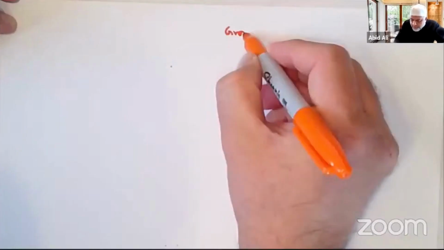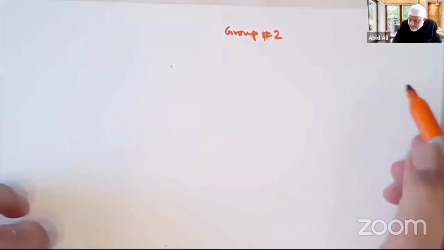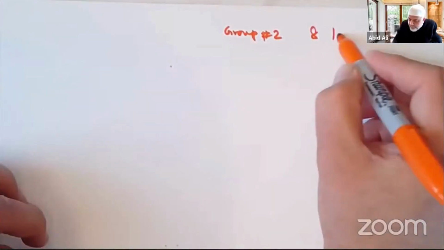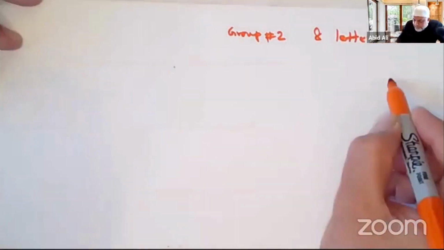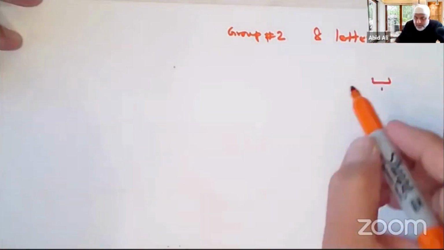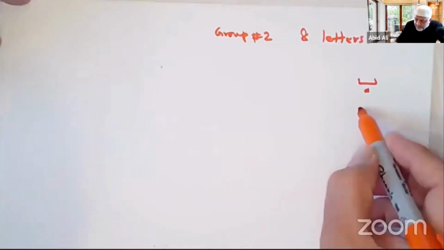Okay, so the second group I am going to talk about has 8 letters. Okay, this is letter ba. Just to save space, I'm going to write the letter underneath it.